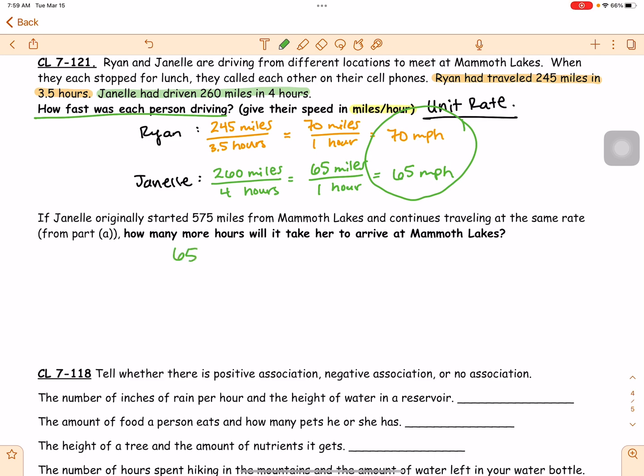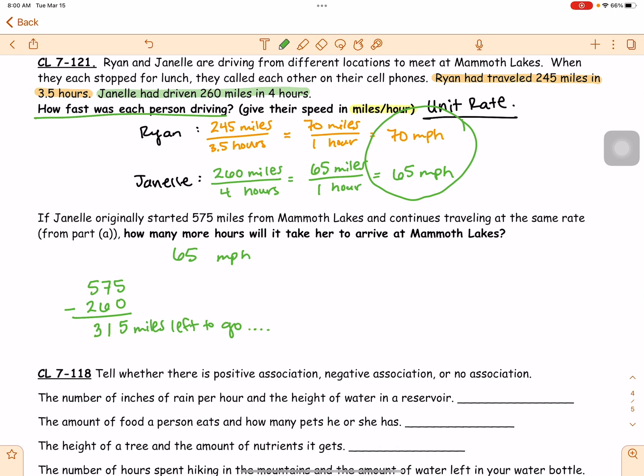So she travels 65 miles per hour. And she originally started 575 miles away, and she's already traveled 260. So I'm going to subtract that. Get 315 miles left to go.